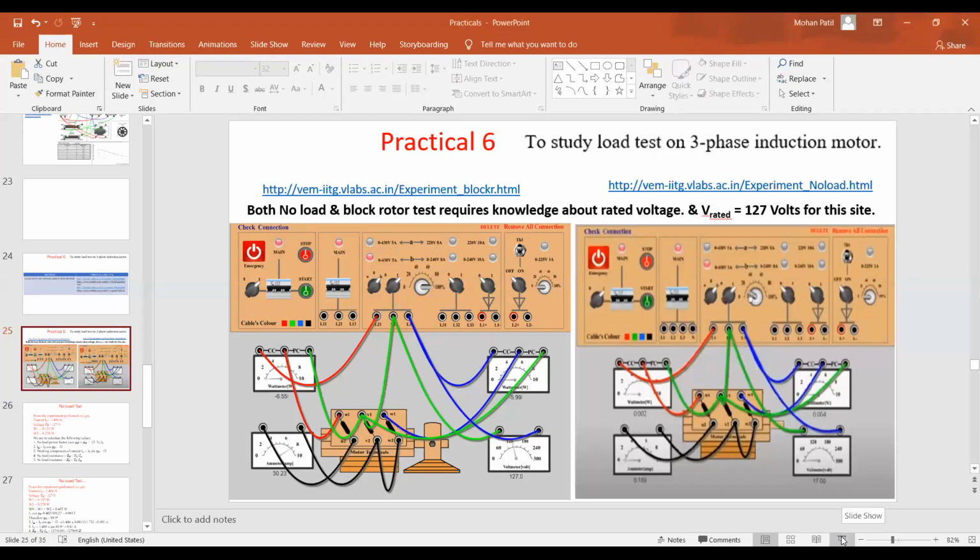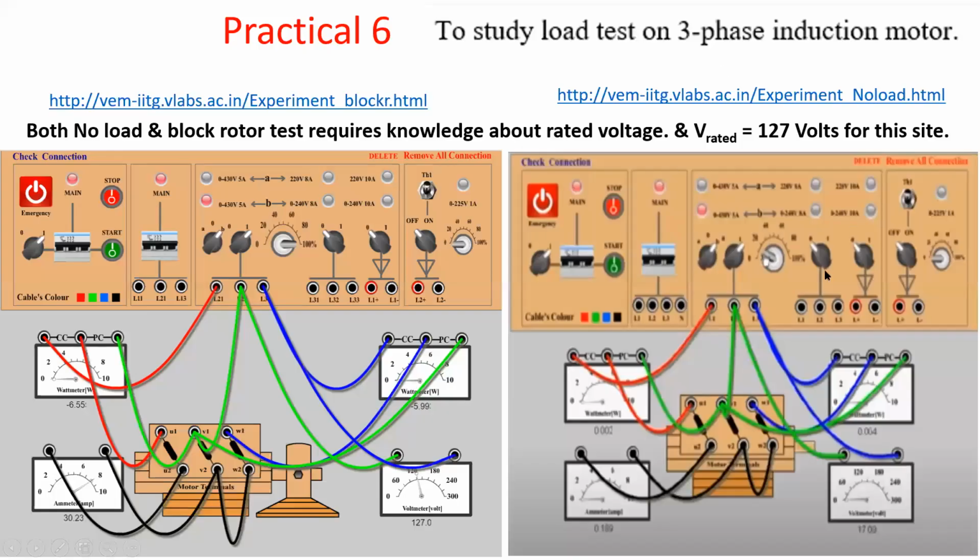So now we have finished the no load test of this 3-phase induction motor. After performing this test, we have taken various readings by varying this particular knob of voltage. You will get various voltage readings, and for each of these you will note the readings of ammeter, wattmeter 1 and wattmeter 2.